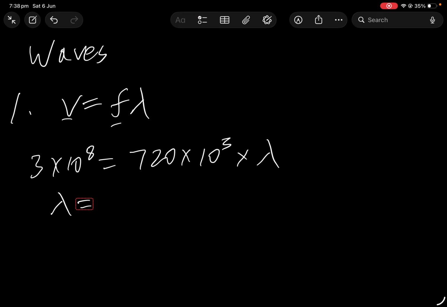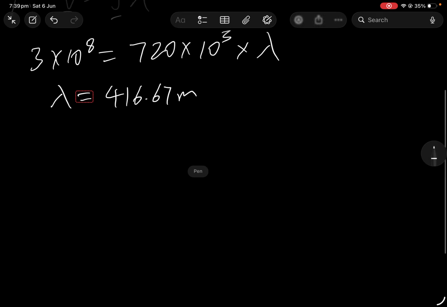Oh, forgot to do brackets. We get 416.67 around, it's 6 recurring, but we don't care. Lambda is wavelength, and wavelength is in meters.